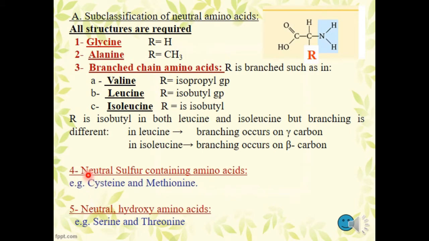Next is neutral amino acid containing sulfur, and there are only two of them, which are cysteine and methionine. We will look at this structure in the later slides. The fifth neutral amino acid containing hydroxyl group is serine and threonine.